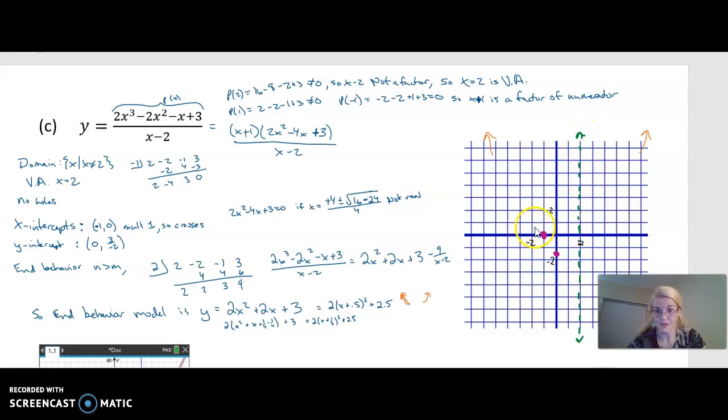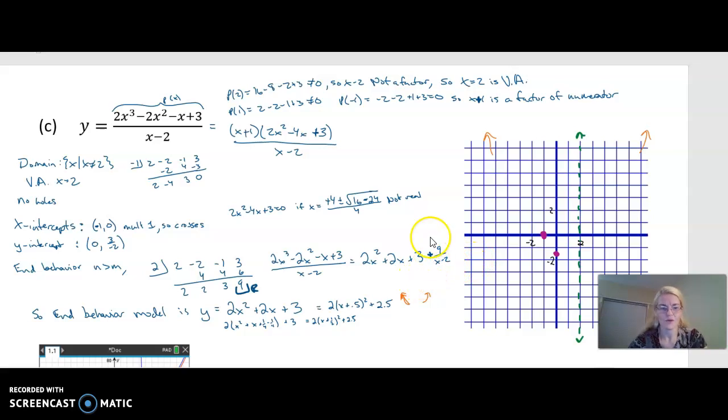So again, I've got my asymptote and my intercepts so far. My end behavior: here my numerator's degree is larger than my denominator's degree. So in this case, it's kind of nice. I don't actually have to do polynomial long division because I've just got x minus 2. I can use synthetic division and rewrite this as 2x squared plus 2x plus 3 plus my remainder of 9 over x minus 2.